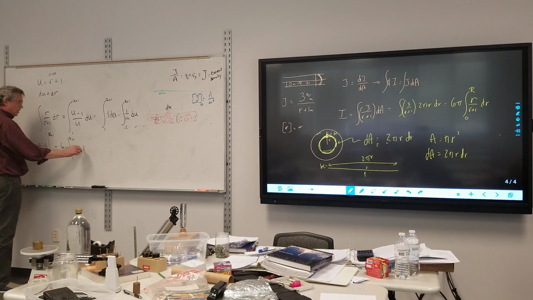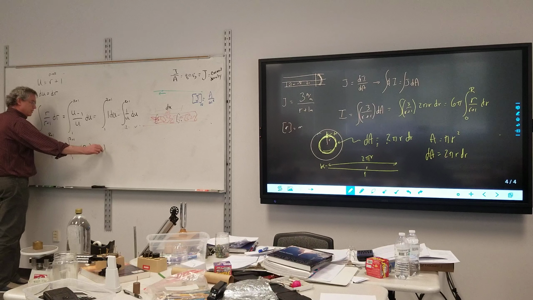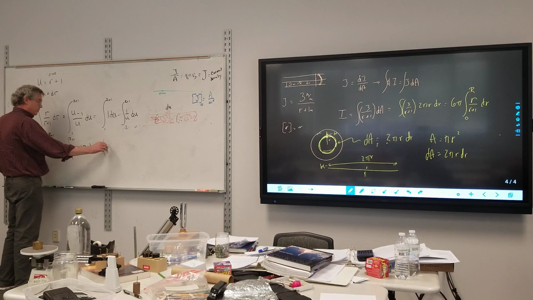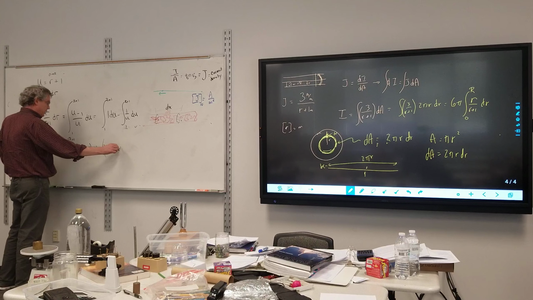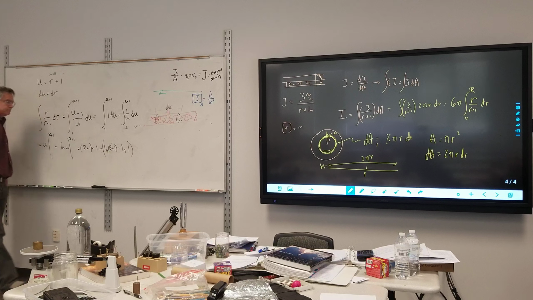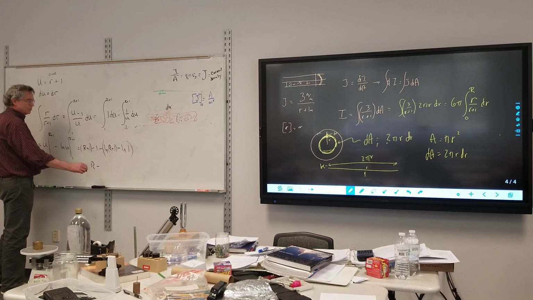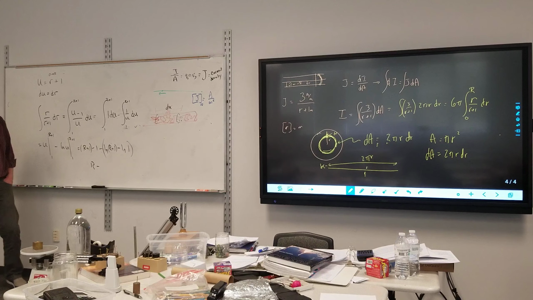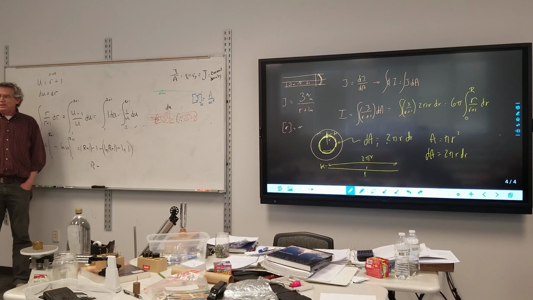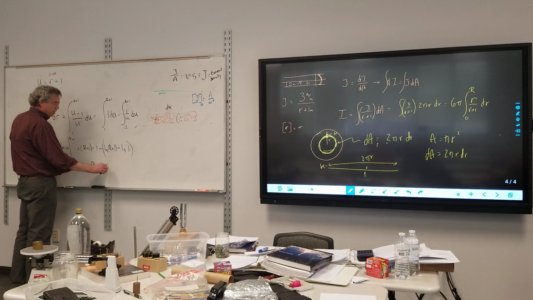So that's going to be R plus 1 minus 1, minus the natural log of R plus 1 minus the natural log of 1. So that's just R right there. What's the natural log of 1? 0. So we're just left with R minus the natural log of R plus 1.